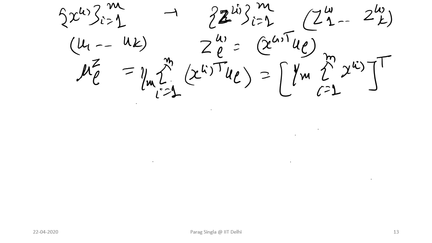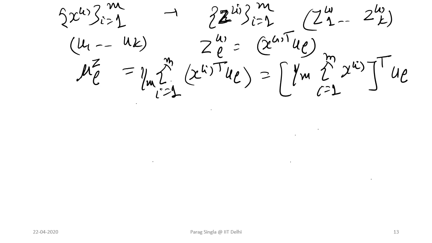So I have taken u_l out because it does not depend on the x_i's, and I have also taken the transpose of the entire expression, because it commutes with this sum, so I can take it out of the sum.